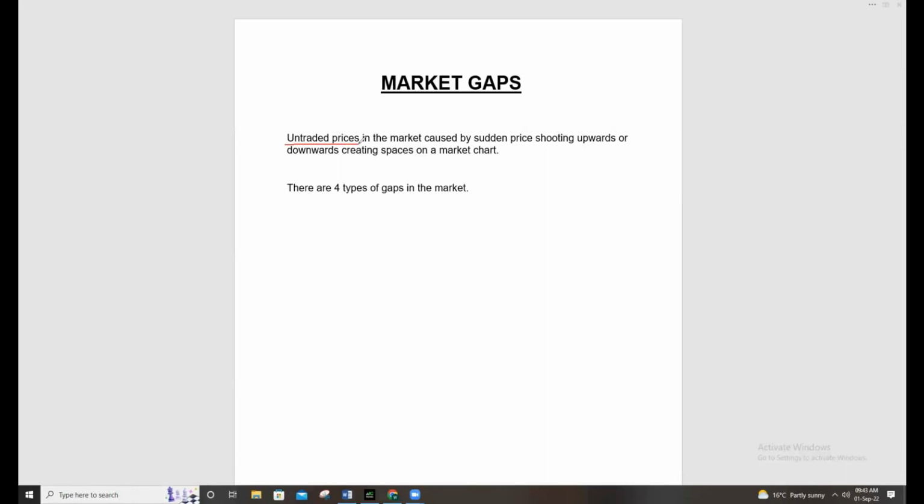So what are market gaps? Market gaps are what we call untraded prices. And how do they come about? They come about by a sudden price shooting either upward or downward. Sometimes if you're on a downtrend, you will find that your last candlestick was here, and then after some time or the next day you wake up and you find that the market has dropped down, but in here there is some void, there is some gap, nothing was happening here, there's no action here.